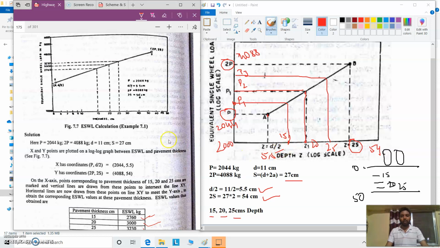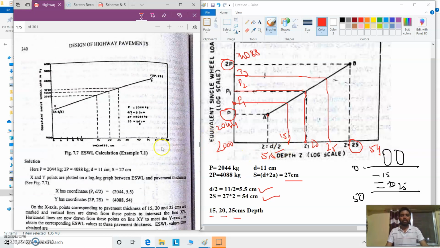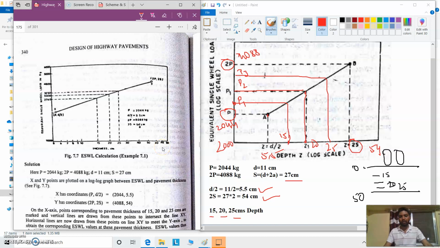I hope you understood the concept, and I hope you know how to plot the points on the x-coordinates in the semi-log graph, and you have to fix the scale for the x-axis and y-axis by observing the given data, right?